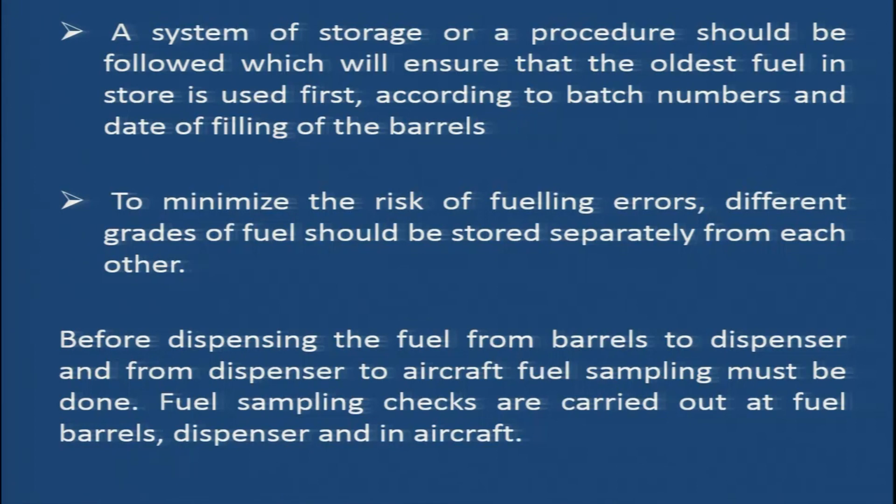Because the fuel, before it is delivered to an organization, is properly checked, inspected, tested, and given a test report, while the fuel is in store there should be a proper system to ensure that the fuel with the oldest batch number is used first, and then the barrels with later dates should be used.